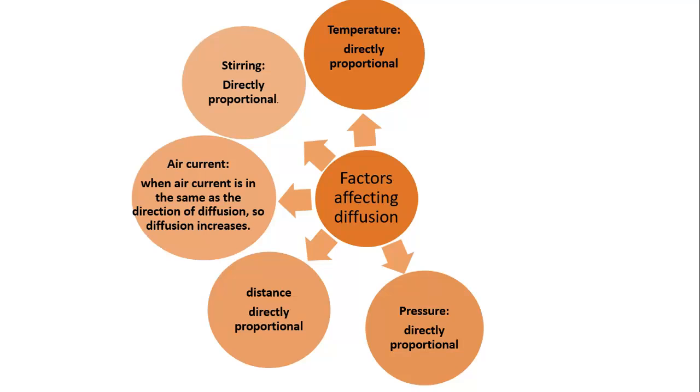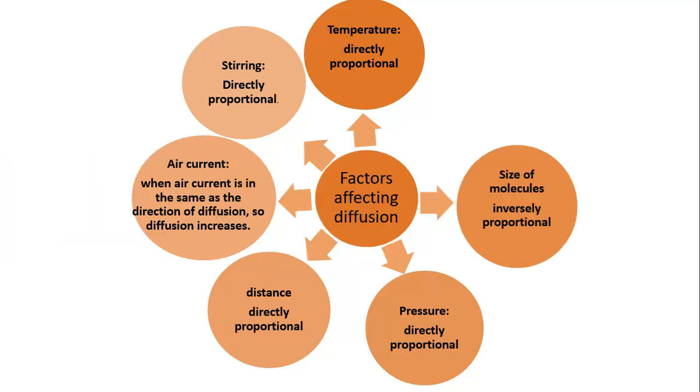Pressure. Pressure is directly proportional because the more you will apply pressure on those particles, they will move faster to the other side. So again, it is directly proportional to the rate of diffusion. Size of molecules, and this is the only inversely proportional factor. Why? Because the bigger the object, the harder it's gonna diffuse through the membrane.